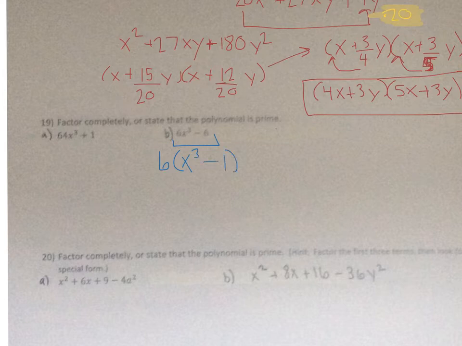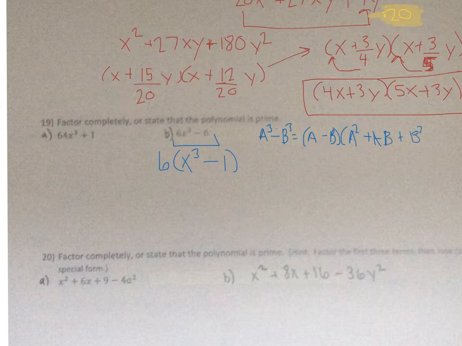Then we have the formula a cubed minus b cubed. So I have a cubed minus b cubed is equal to a minus b times a squared plus ab plus b squared.